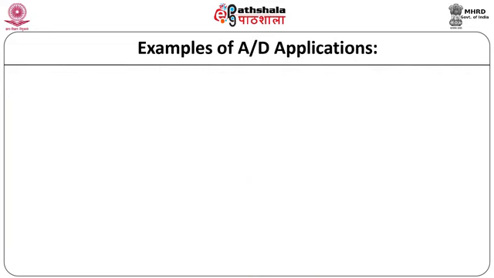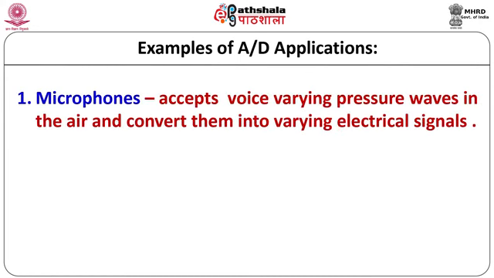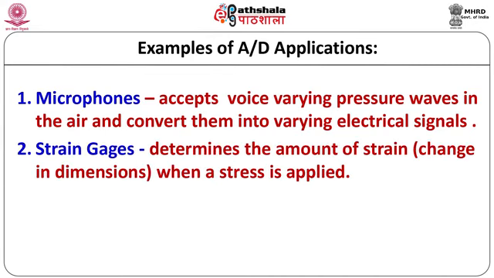There are various examples where we need such analog to digital converters. As we know, the microphone accepts voice, varying pressure waves in the air, and converts them into varying electrical signals. We may have to convert such an output of a microphone into digital form. We know that strain gauges are used to determine the amount of strain when a stress is applied.